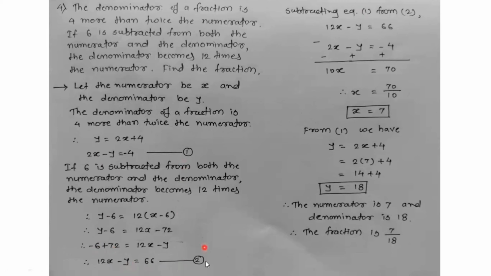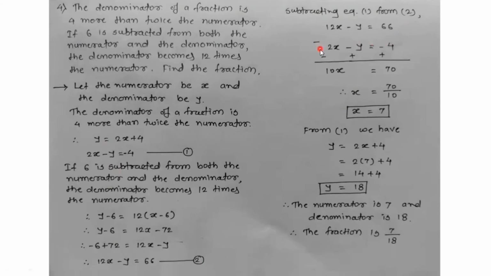If we compare equations 1 and 2, as we can see, the coefficients of y are same, signs are also same, so we can subtract them. That is, subtracting equation 1 from 2, we get equation 2, 12x minus y is equal to 66, minus equation 1, 2x minus y is equal to minus 4.